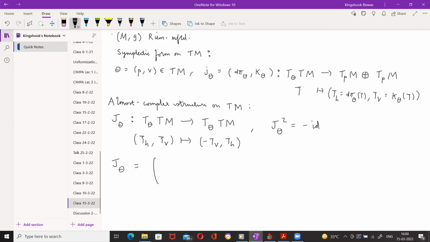So it's 0, minus identity, right? And then identity, 0. Is this clear? Yes.